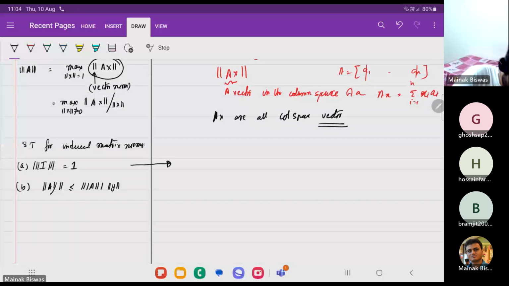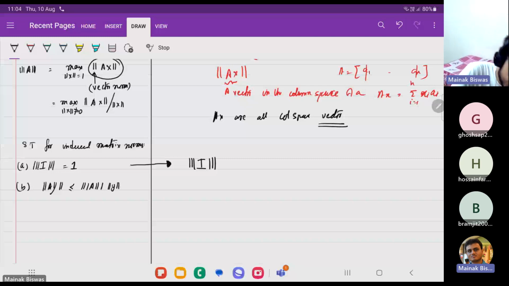Prove that for induced matrix norms, I'll be using 3 lines for the matrix norm, because with 2 lines it is a norm on a vector space. This is the convention. The same vector norms are applied to induce the matrix norm.